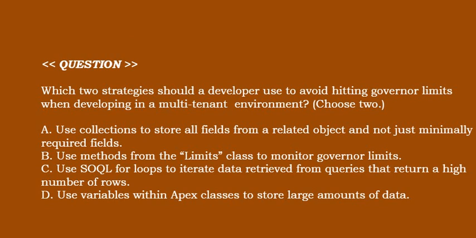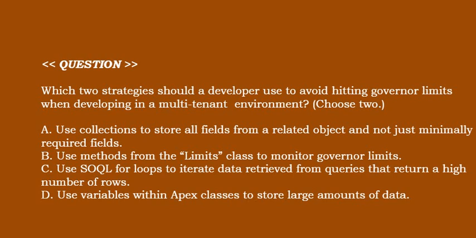Next question is, which two strategies should a developer use to avoid hitting governor limits when developing in a multi-tenant environment? Choose two options. Option A. Use collections to store all fields from a related object and not just minimally required fields. Option B. Use methods from the limits class to monitor governor limits.